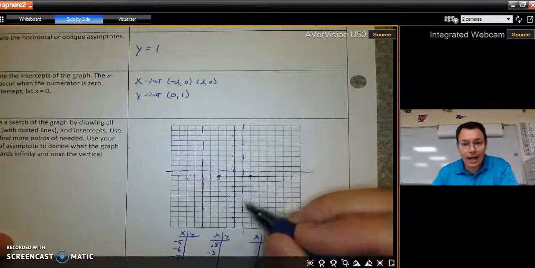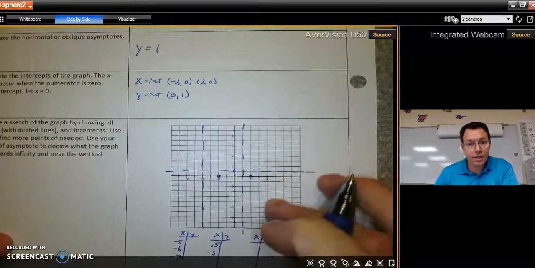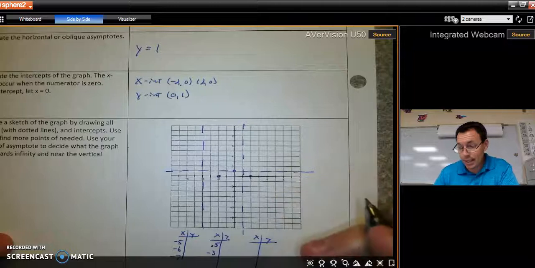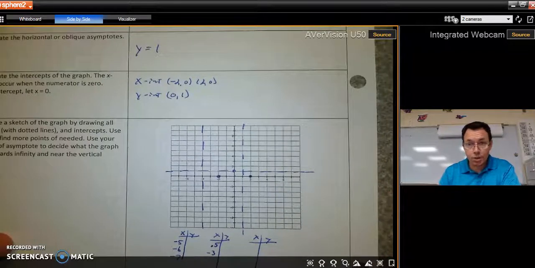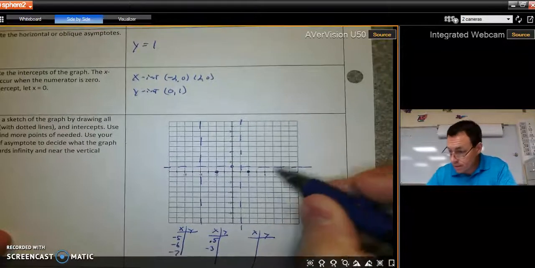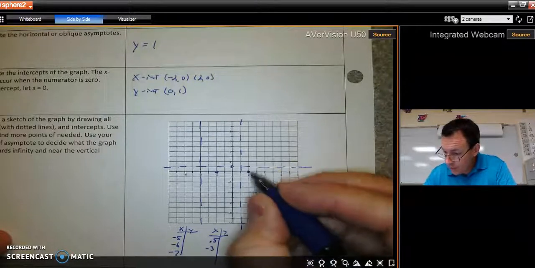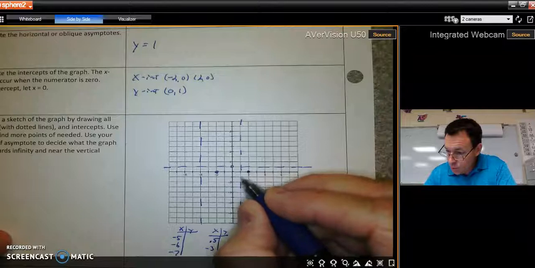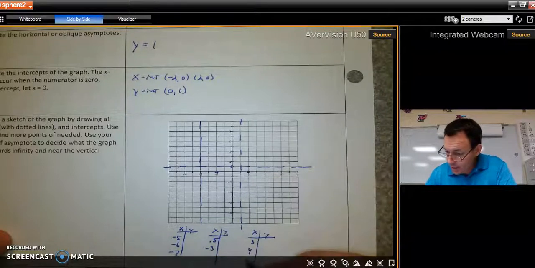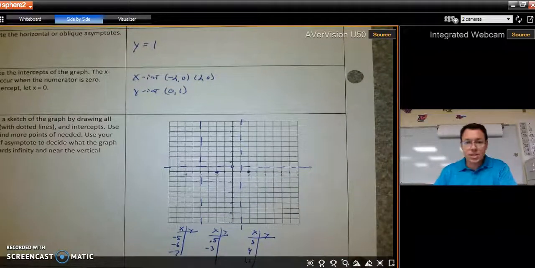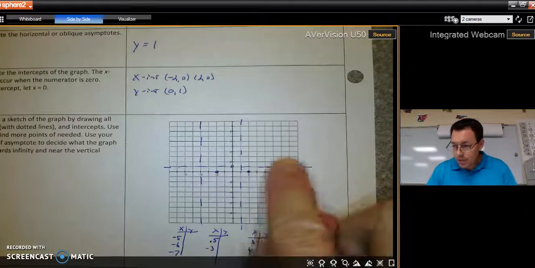Now, I kind of have an idea of what happens over here, and let me explain it to you. Again, t-charts always work. Always, always, always. So don't be afraid to do this. If I want to plug in a 3, if I want to plug in a 4, if I want to get really close to this 1 right here, if I want to put in a 1.1 just to see what happens. But let me tell you what's going to happen over here.